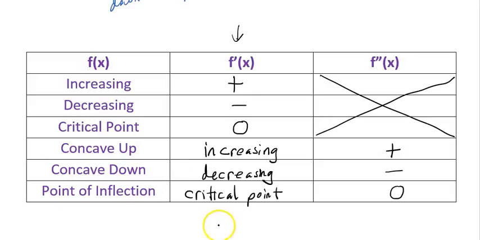If you're looking at the derivative and they ask you where the original is concave up, you look where the derivative is increasing. If they ask where the original has a point of inflection, you look for critical points on the derivative. So that relationship is very important to know and remember, understand, memorize, but you need to get this.